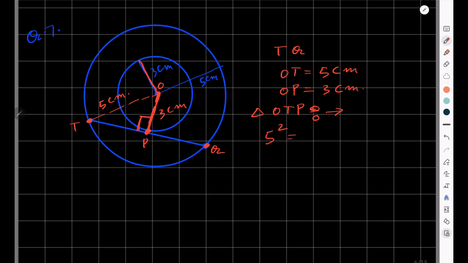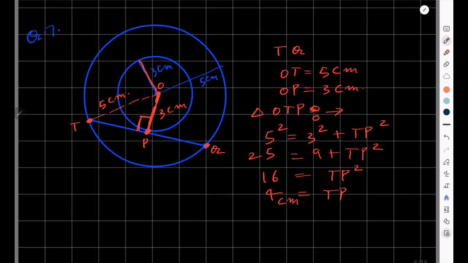So this 5 centimeter will be the hypotenuse. 5 squared equals 3 squared plus TP squared. So 25 equals 9 plus TP squared, that will give TP squared is equal to 16. So TP will be 4 centimeter.